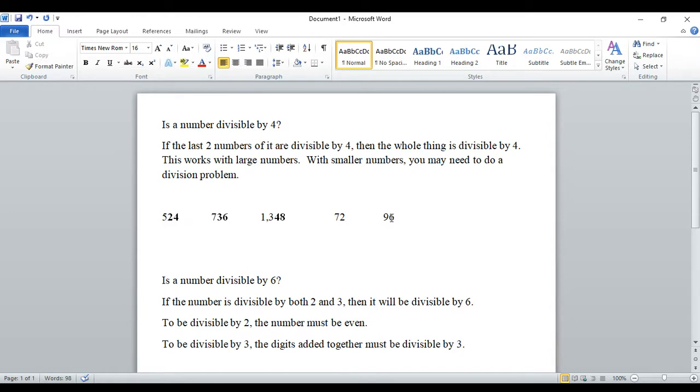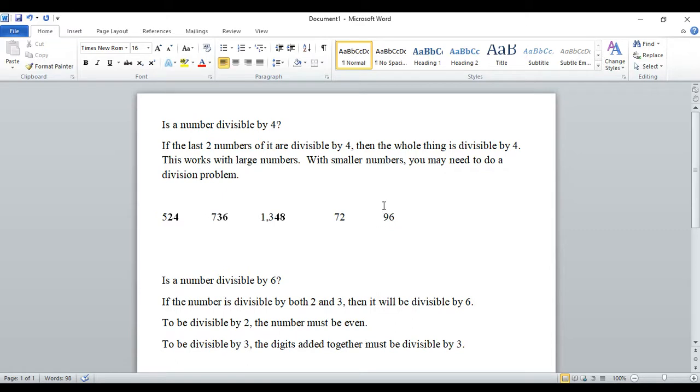All right? And the same thing with 96. Since I have my math facts memorized up to 12 times 12, I don't know off the top of my head whether 4 goes into 96 an even number of times without a remainder. But if I did a math problem, I would find that yes, indeed, 4 would go in there without having a remainder.